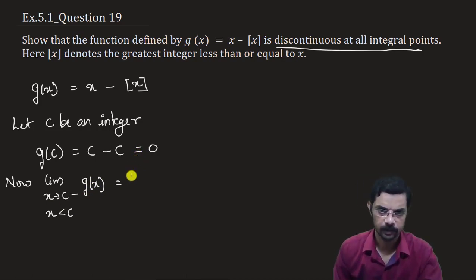Again, here we can define it like this: limit x tends to c from the left, g of x is defined as x minus bracket of x, right?